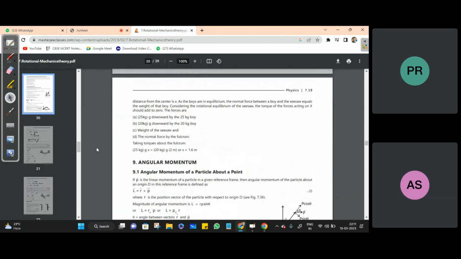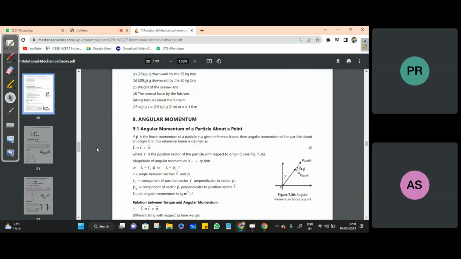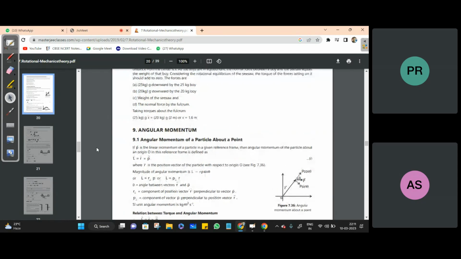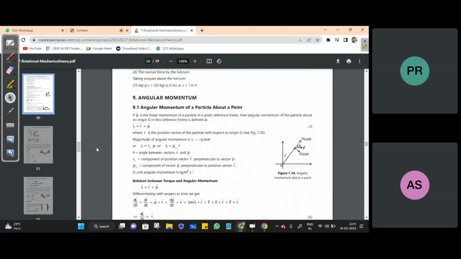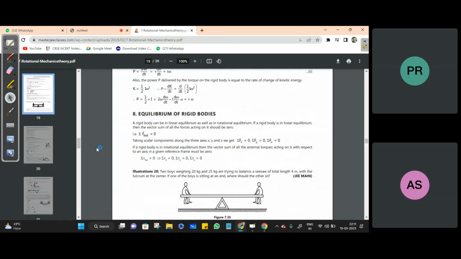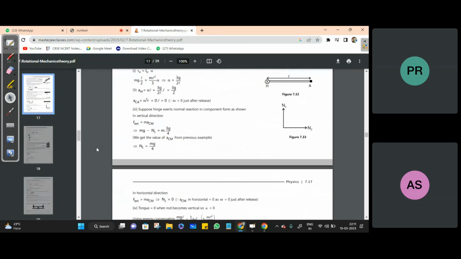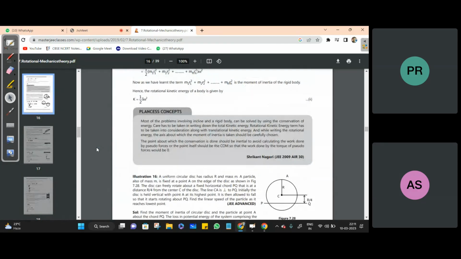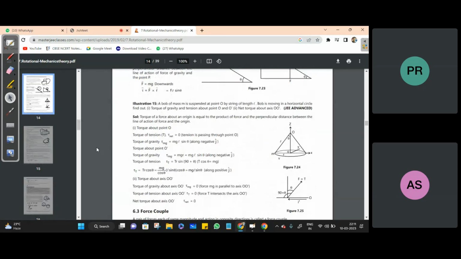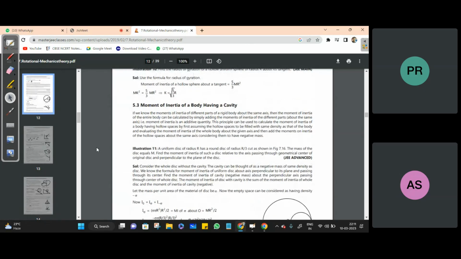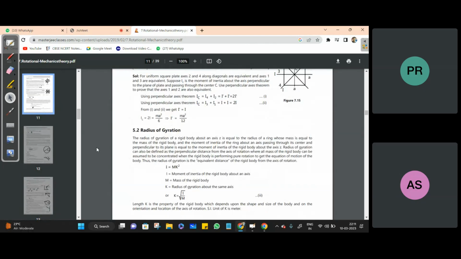Okay, we will do collision after completing this, or when required. Did we do torque or not?